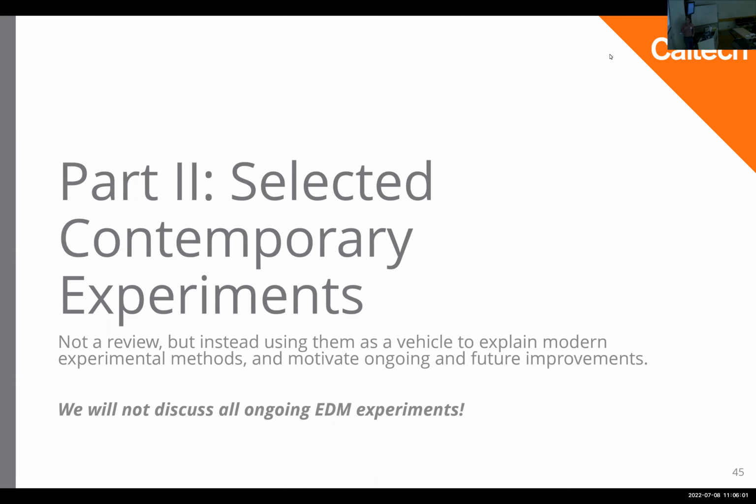Last time I talked mostly about, well, briefly why we want to do these experiments, but mostly about how symmetry violations show up in atoms and molecules. What are the observables?